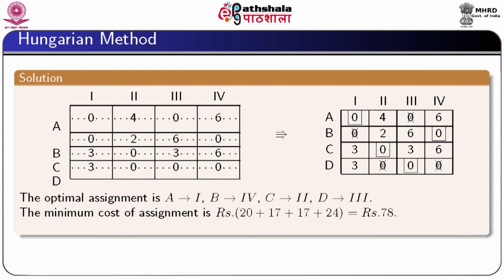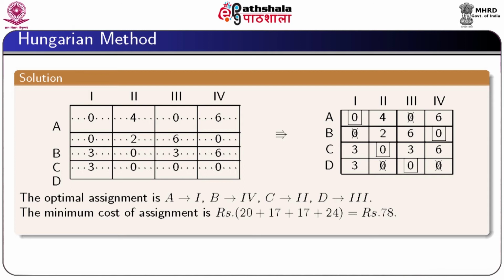If we find a single zero in a row or column, we assign that element with a box as an optimal assignment. Here we see that row 3 contains a single zero.